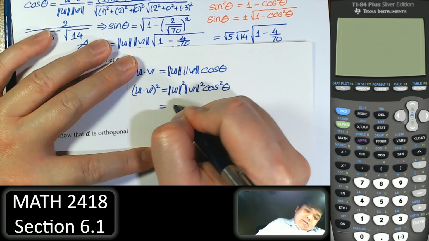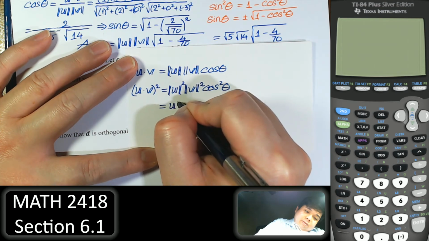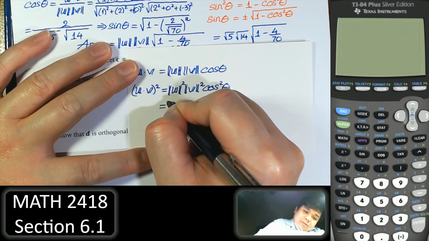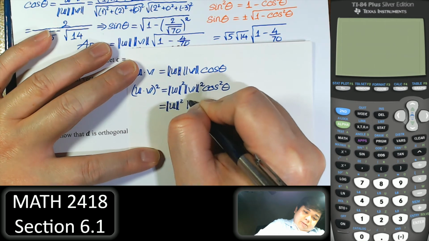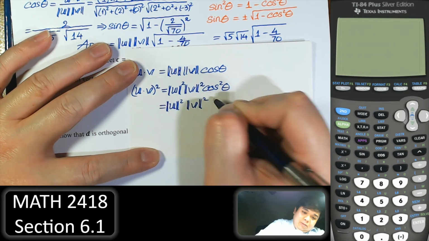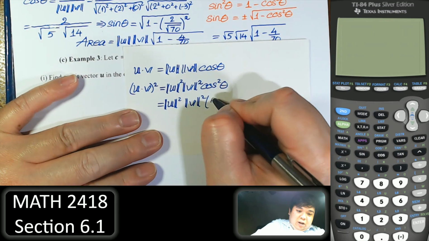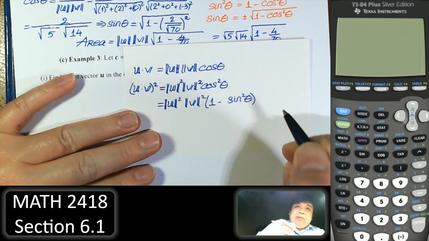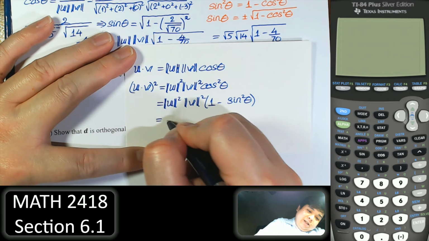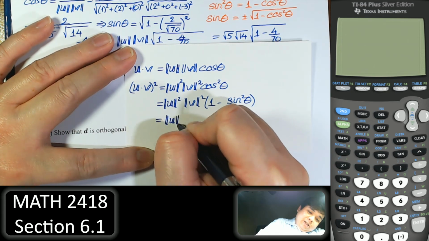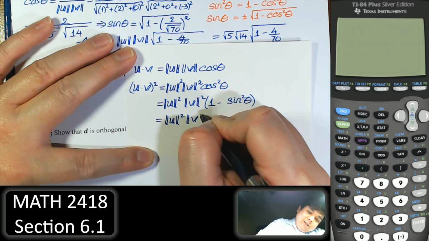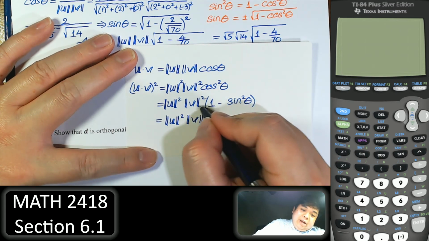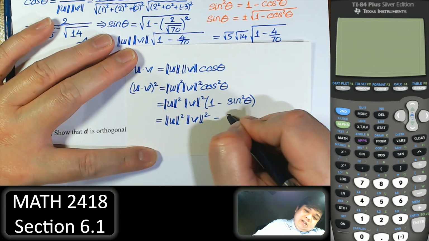And that gives us cosine squared is 1 minus sine squared. And multiply by 1 and multiply by sine.